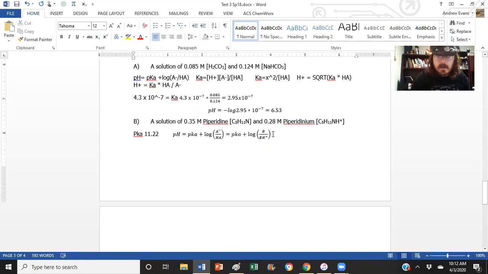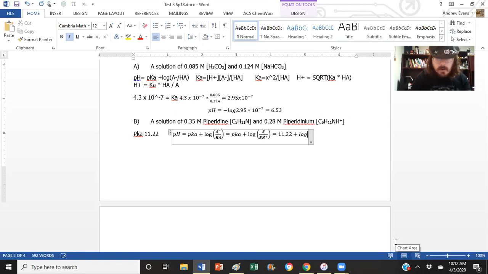So as we plug that in, you could use this. You don't have to have a Kb to deal with this. You would just go, I'm taking the log of our base on top divided by our acid on bottom. And because we've set it up like this, this will already give us pH.